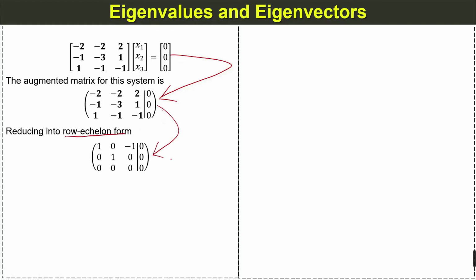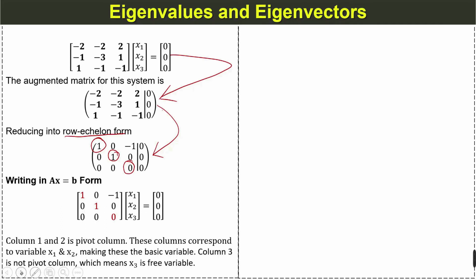After some simplification, we can see that we have two pivot columns, because the diagonal entries are not 0, and the third is not a pivot column because the diagonal entry is 0. We write this in the form Ax equal to b. Columns 1 and 2 are pivot columns. These columns correspond to variables x1 and x2, making these the basic variables, but the third column is not a pivot column, which means x3 is a free variable.